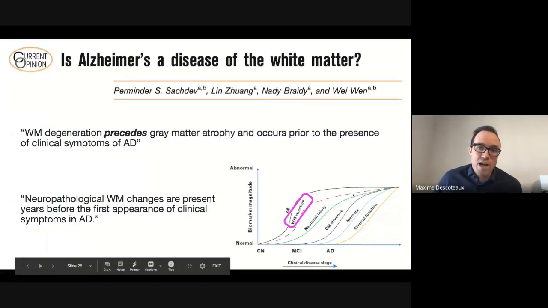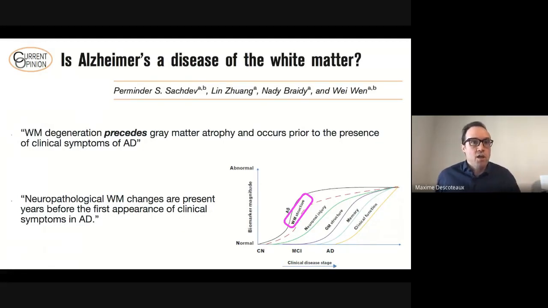We see a lot of atrophy of the hippocampus, swelling of the ventricles, but it's thought that white matter anomalies probably precede all these gray matter anomalies. So it's very important to pick up these white matter changes early if we ever want to attempt to produce drugs or technology to detect these patients early.